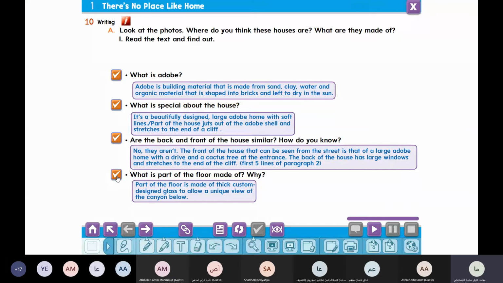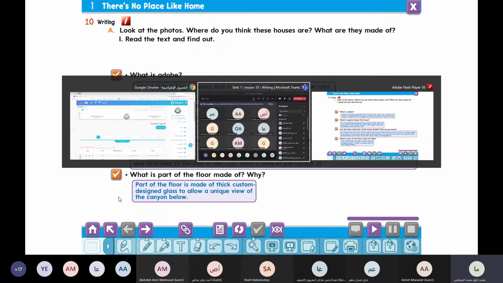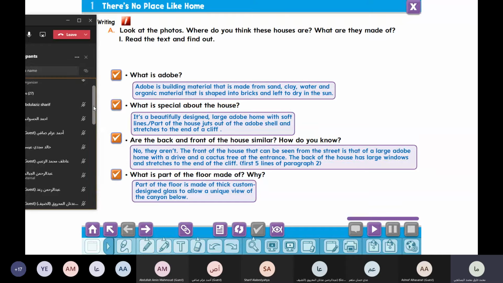We forgot to ask you about the title, A Home Over the Canyon. What does canyon mean? Ahmed Azan, canyon, what does it mean? I think it's a dried river.